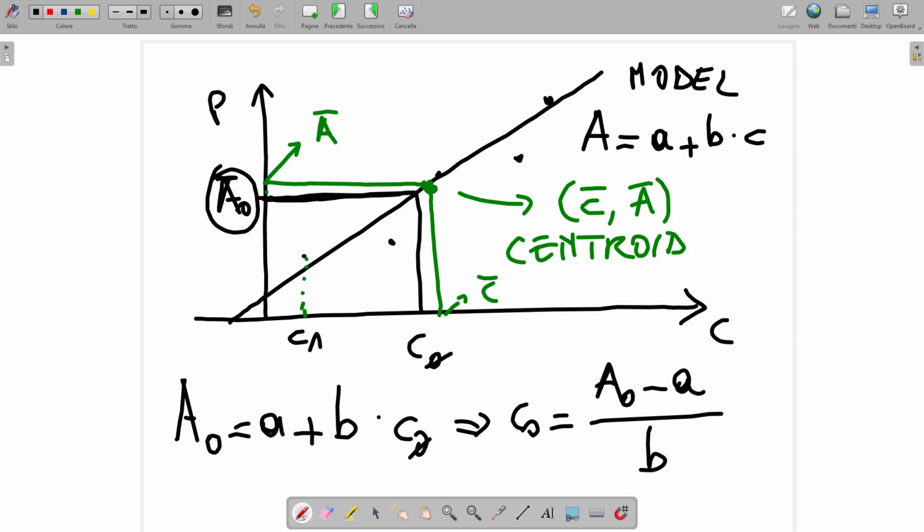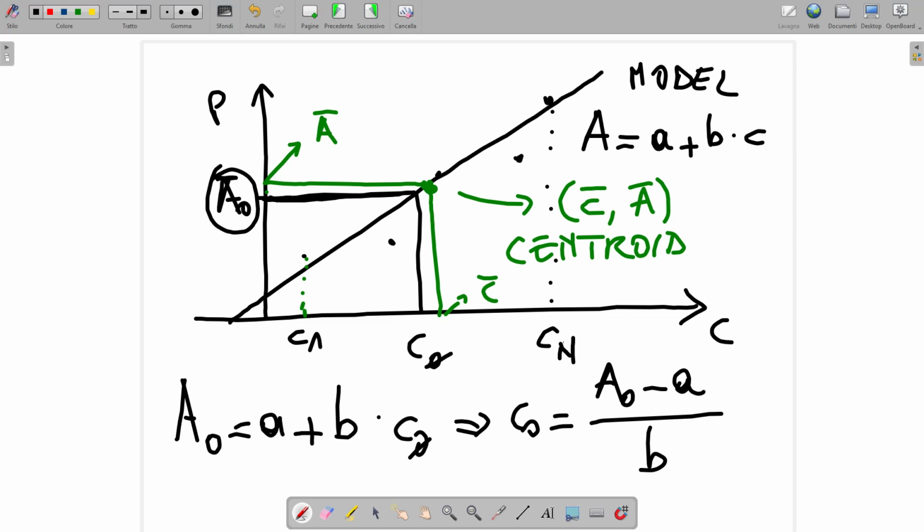And the same holds true for the highest, the most concentrated standard. I can just call it Cn, but n can be confusing because it is the number of measurements. Let us call it Cn uppercase.